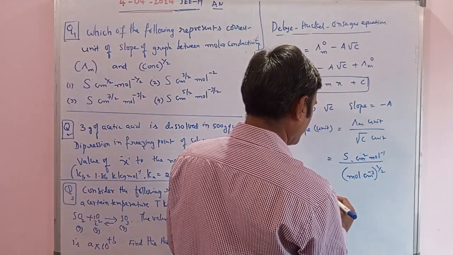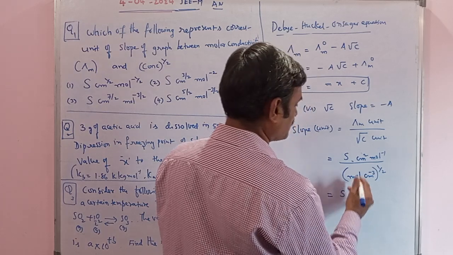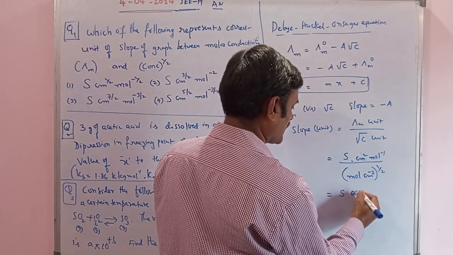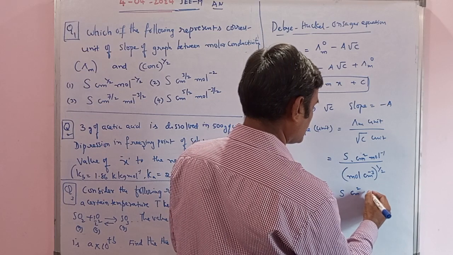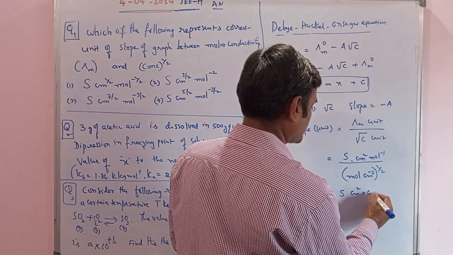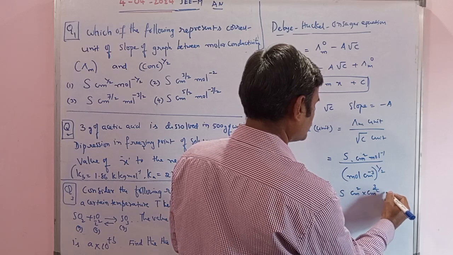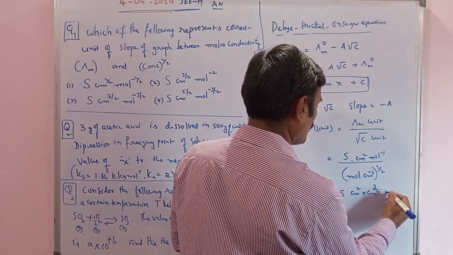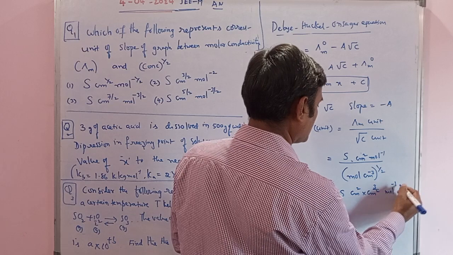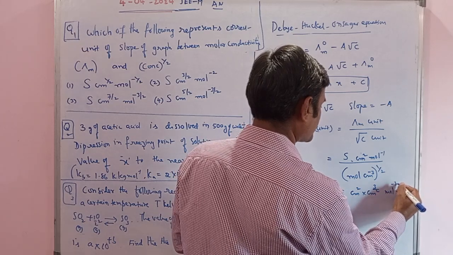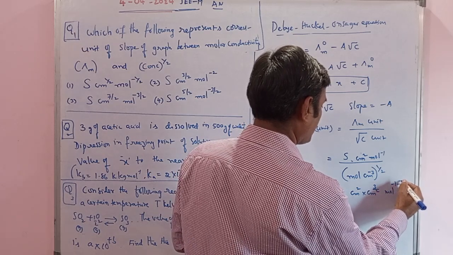Then the final simplification is Siemens centimeter square into centimeter power 3 by 2 into mole power minus 1 into mole power minus 1 by 2.